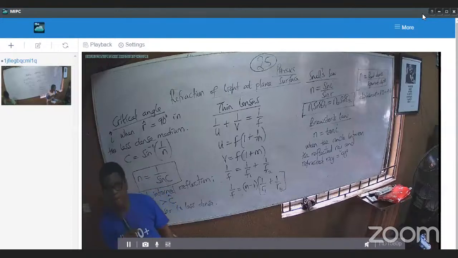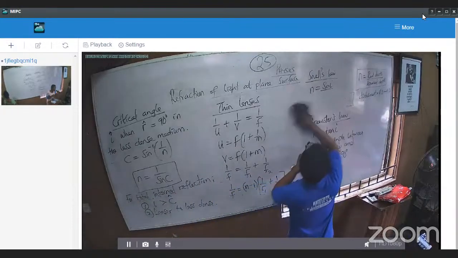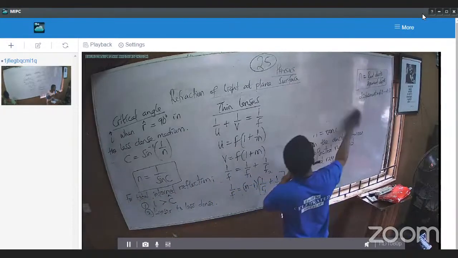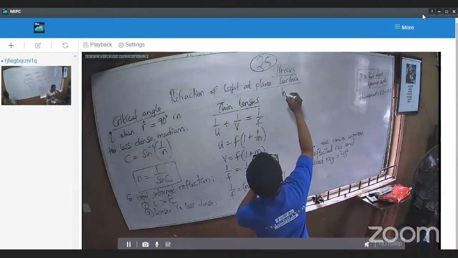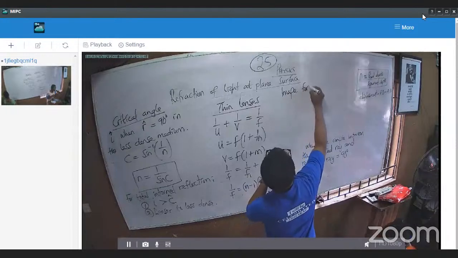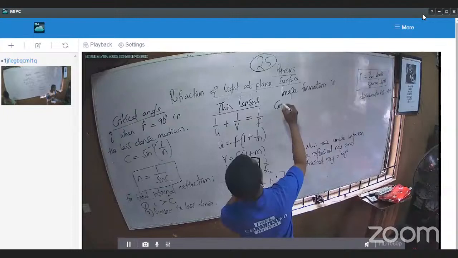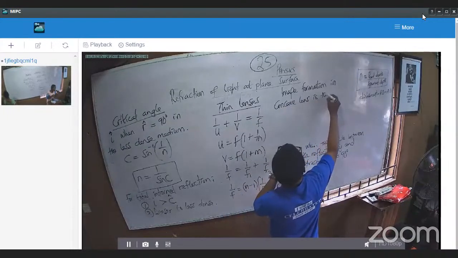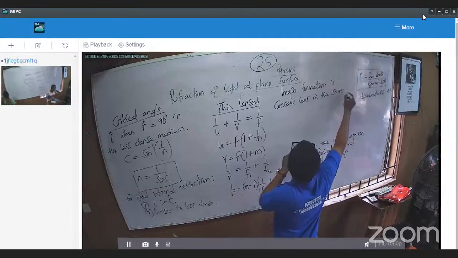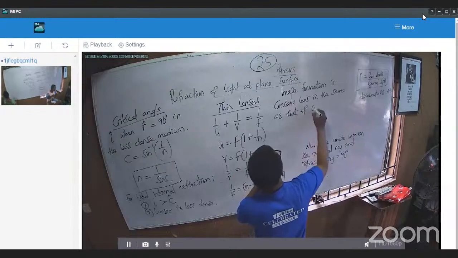All the image formation that you have learned in mirrors is the same in lenses. Image formation in a concave lens is the same as that of a convex mirror, which we have done.